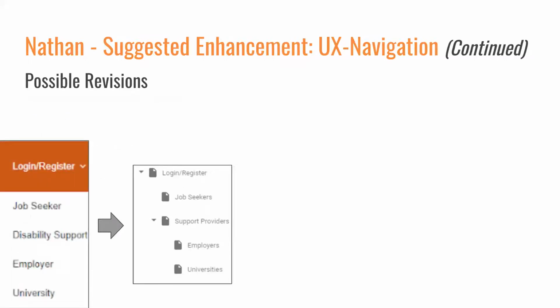Right now your login and register navigation has a lot of different sub tabs to it. And most of the people who are going to be using this site are going to be job seekers. So to me, it made sense to enhance this by taking the job seekers and putting that up above at a menu level, and then having support providers, like employers and universities, below that level. So the job seekers would have it easier to find what they're looking for.